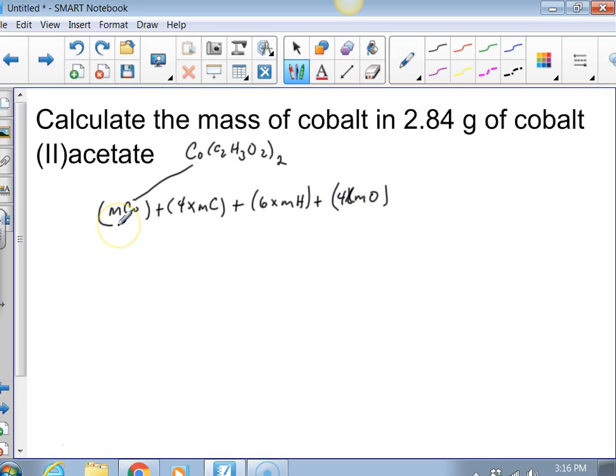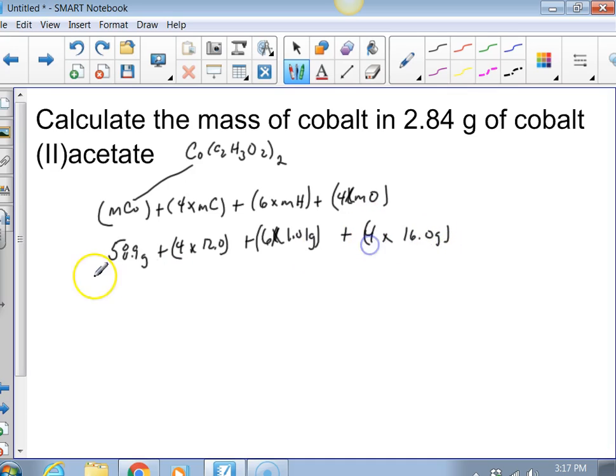So mass of cobalt is 58.9, plus 4 times 12.0, plus 6 times 1.01. These are all in grams. Plus 4 times 16.0 grams.